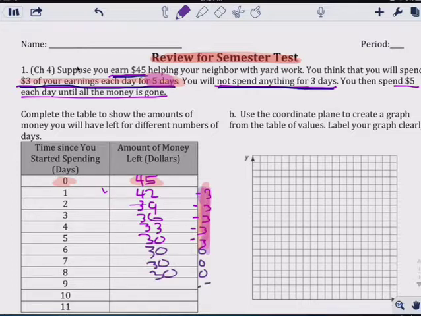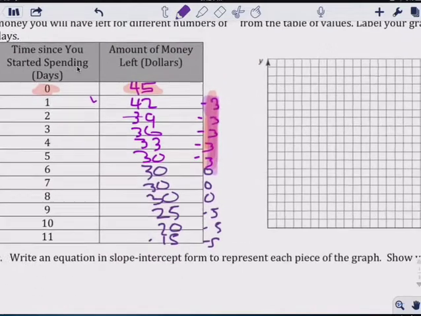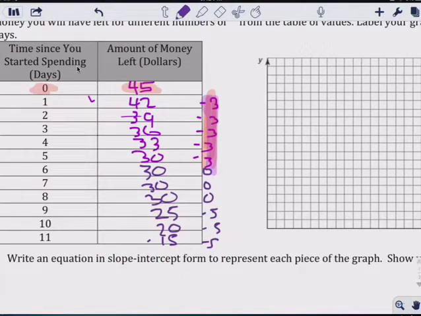So you minus 5 each day, that's 25. You minus 5, that's 20. You minus 5 again, that's 15. So you keep minusing 5 each time. Minusing 5, so 12 would be 10, 13 would be 5, 14 days, and then your money is gone.